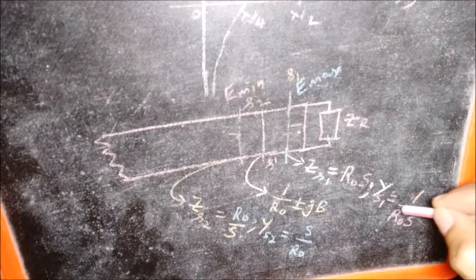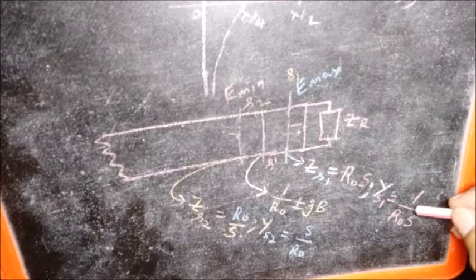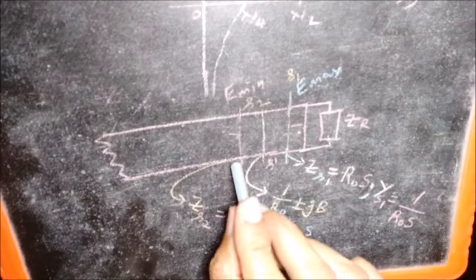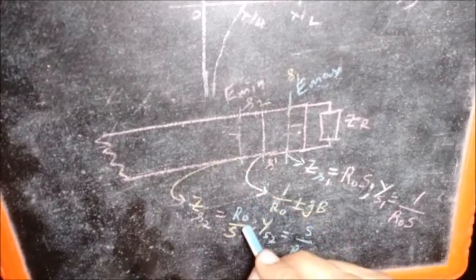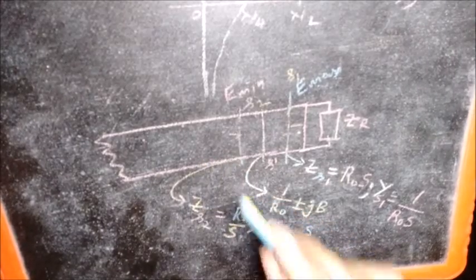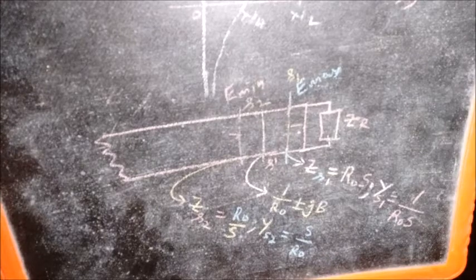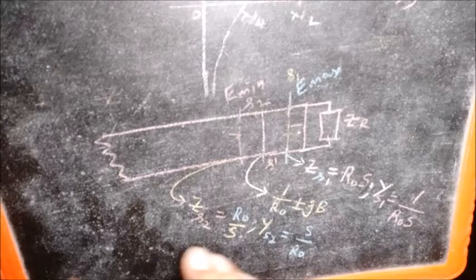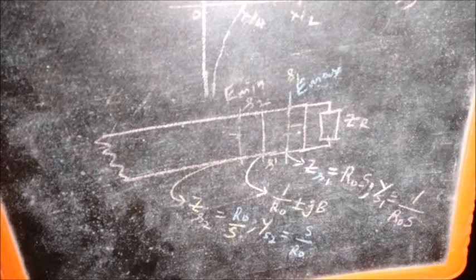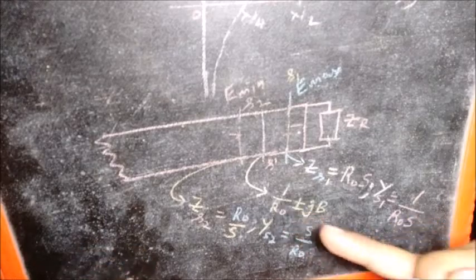That means you just get 1 by R naught S. Similarly, at this point you have the minimum resistance R naught by S, and correspondingly translates to an admittance which is S by R naught, which is a pure conductance. And 1 by R naught is a value which lies in between these two.